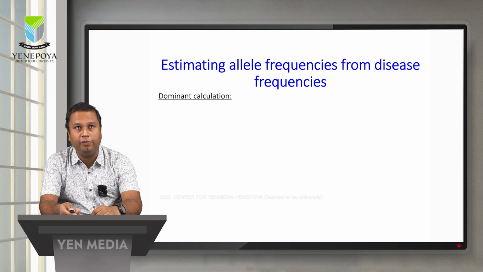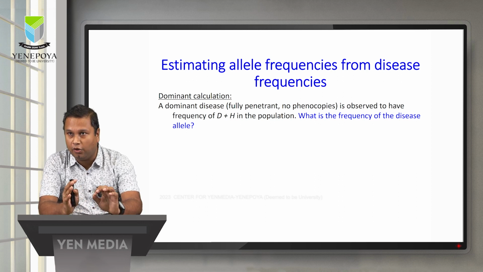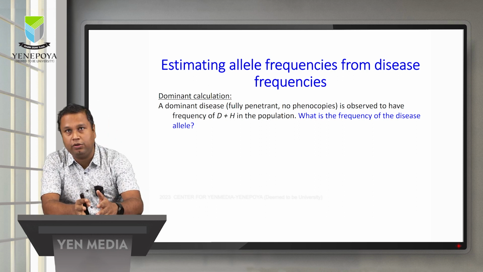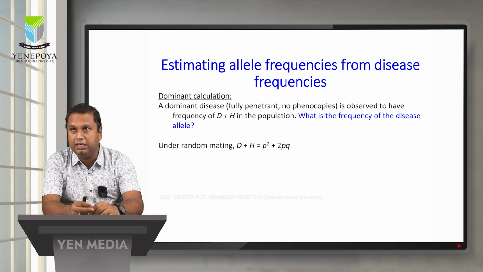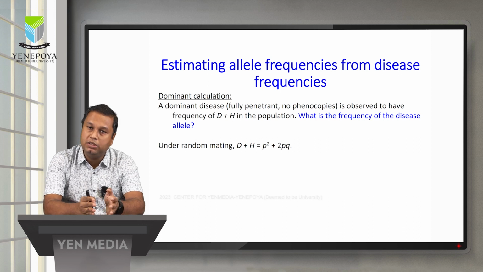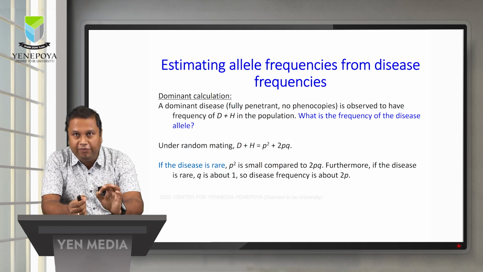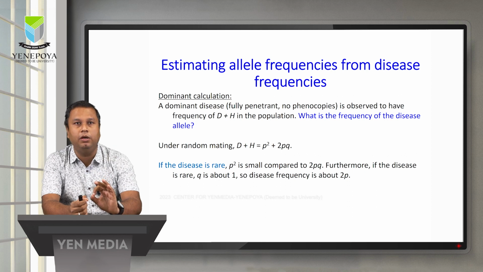If the same thing happens for dominants, things change. Suppose we are talking about a dominant disorder. Since it's a dominant disorder, it will happen in both the homozygous dominant individual as well as the heterozygous individual. Now what is the disease frequency? Both homozygous dominant as well as heterozygous individuals can have the disease, so p square plus 2pq. Now if somebody has a dominant disorder, the value p square is extremely small.